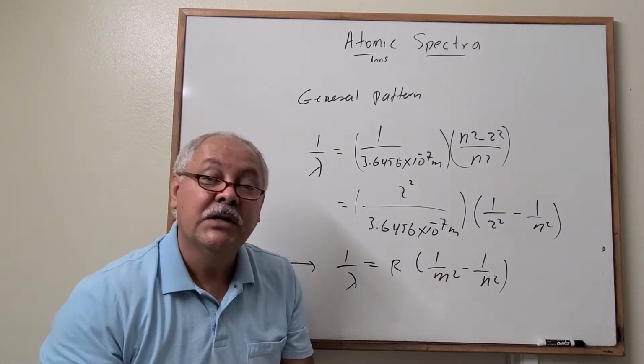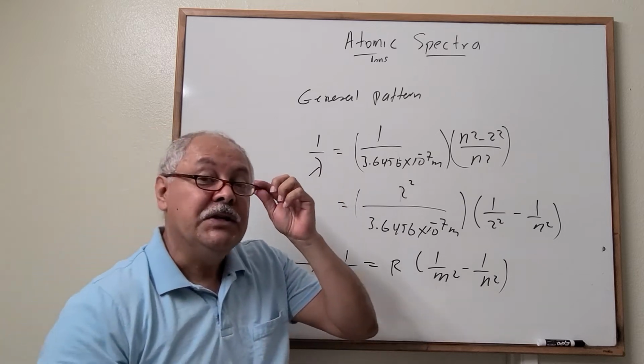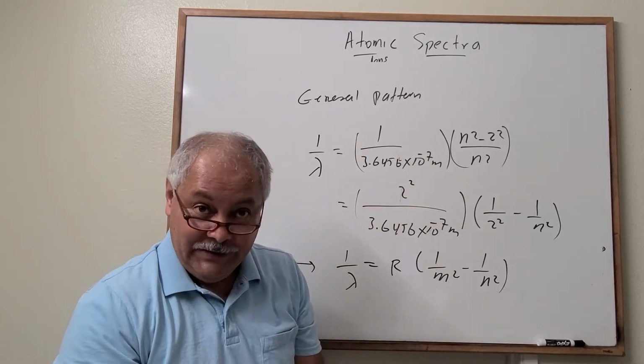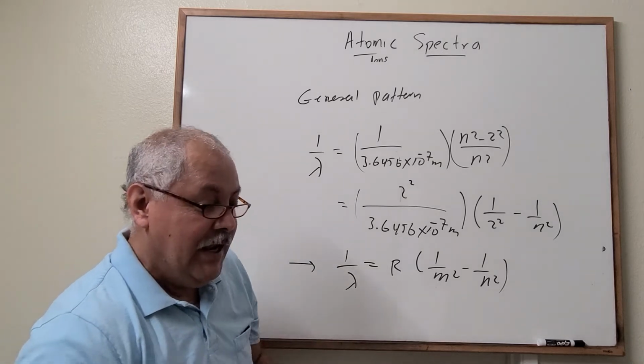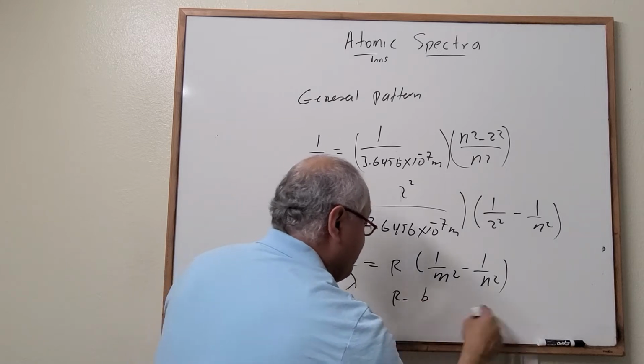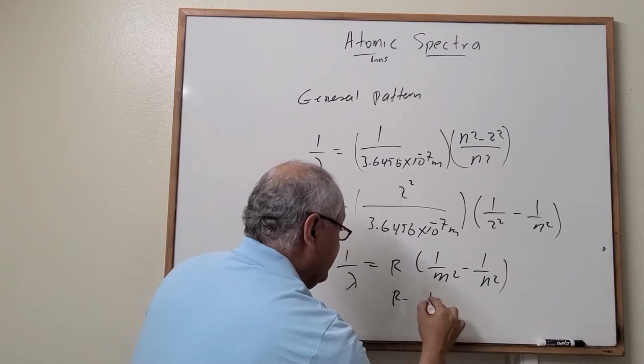This covers all the ranges in the visible, ultraviolet, and infrared. Okay, great. And this R is called the Rydberg constant.